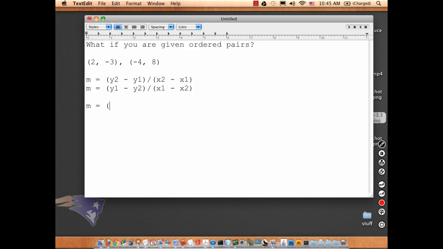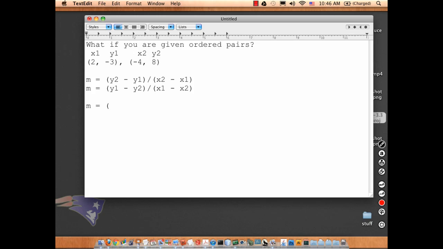So if I was to calculate the slope of this line, what I would do right here is I would call this value x1, this value y1, x2 and y2, and then I would say, okay, which y value do I want to pick first here? So you choose one for me.